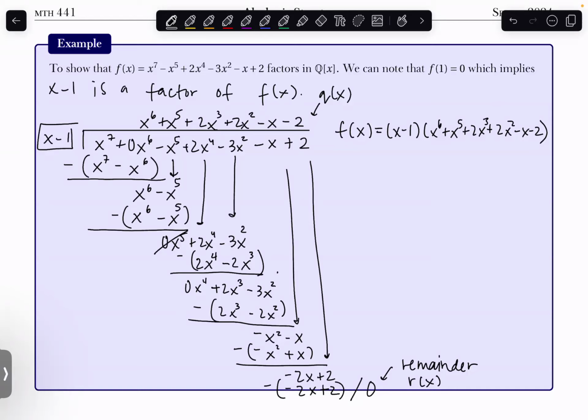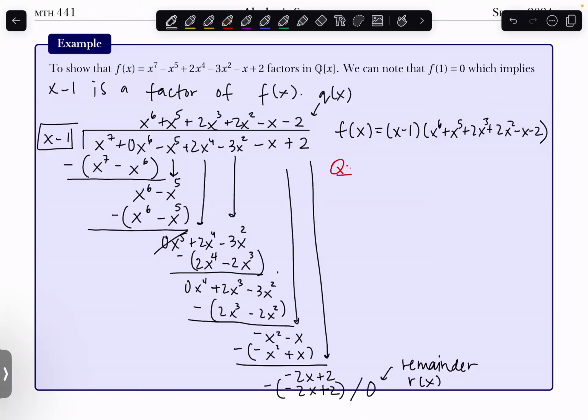Even with our real numbers that we're more comfortable with, we can reduce down to linear and what we call irreducible quadratics. So even there, we can't bring it all the way down to linear. So we can't assume that we can always do this process. But when we have a 0, we know that we can pull out a linear polynomial from this polynomial here.